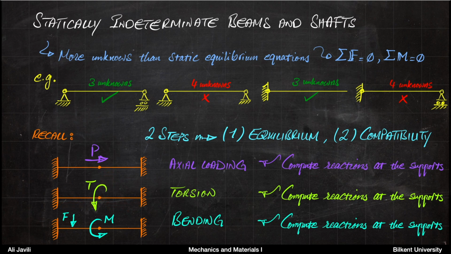If you have an angle of twist here, you would know that the angle of twist would be the same. Now, for a bending problem, those compatibility equations can take different forms. But for instance, you can think of the elastic curve, and you know the elastic curve is a continuous curve. So at any point, you can imagine that the left and right deflections would be equal, or their derivatives would be equal, because the tangents are also equal.